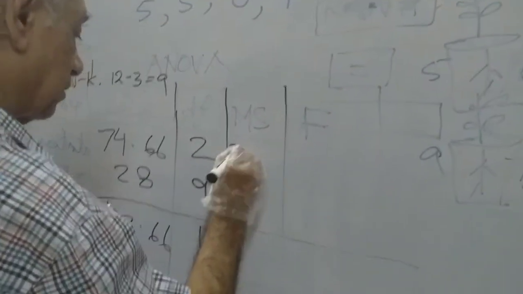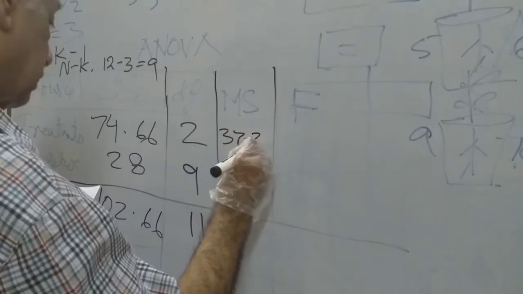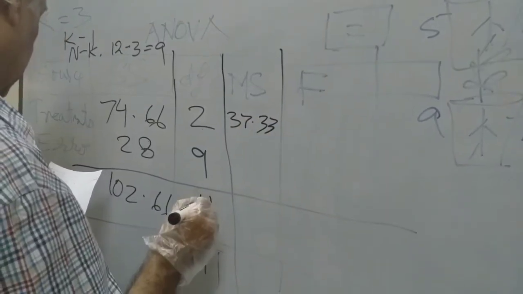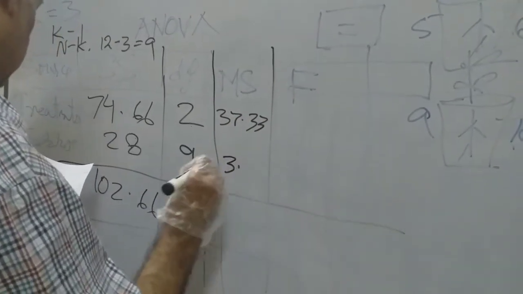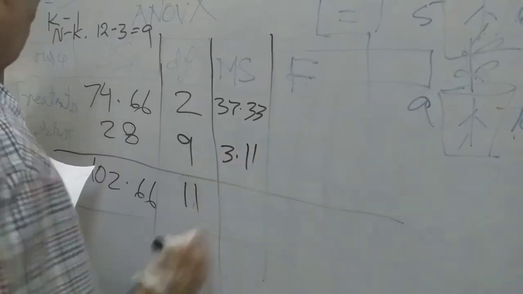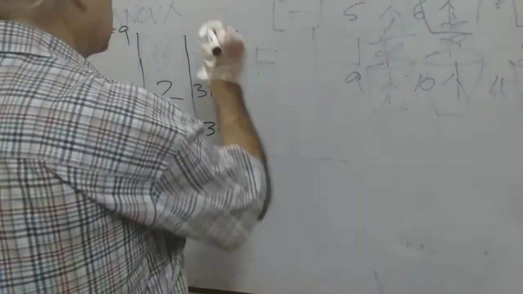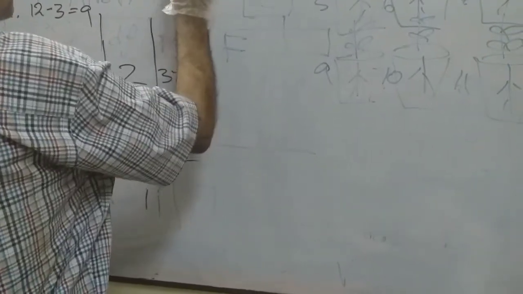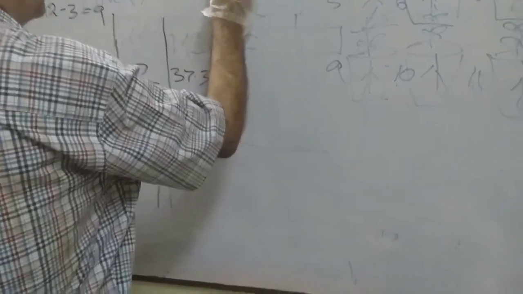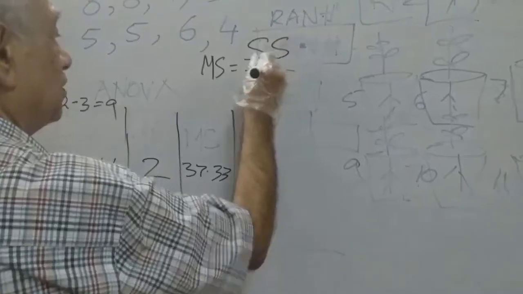So that gives us 37.33 and 3 point. You can check it yourself and get the right numbers. Mean square is equal to sum of squares divided by degrees of freedom.